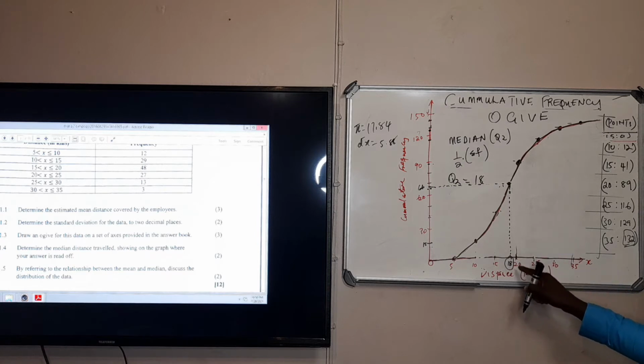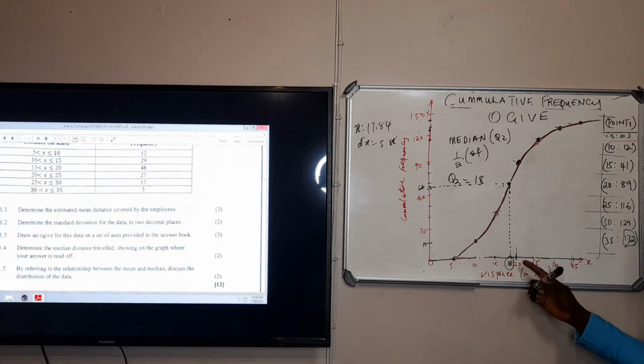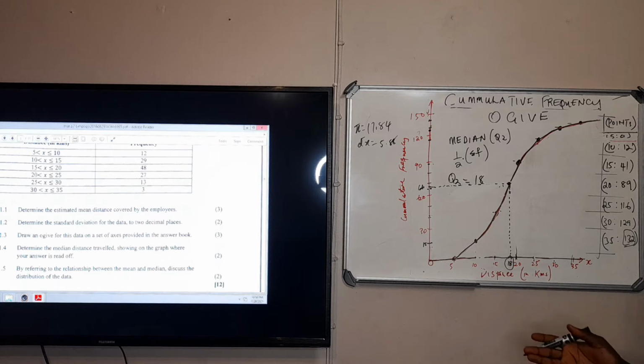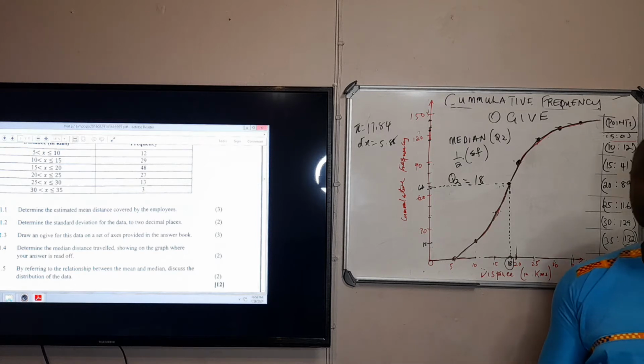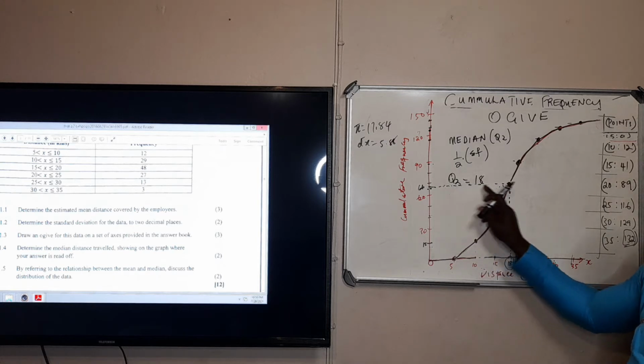The median distance traveled is 18 kilometers. That's it. So if a learner can get 19 kilometers, it's fine. Normally the examiners will give a certain range where we can read our answers from. So we are done with how to find the median.